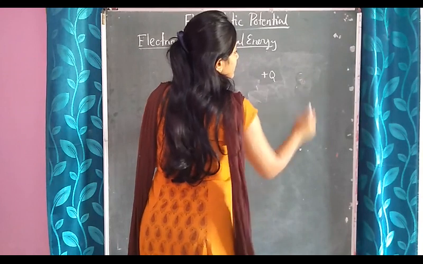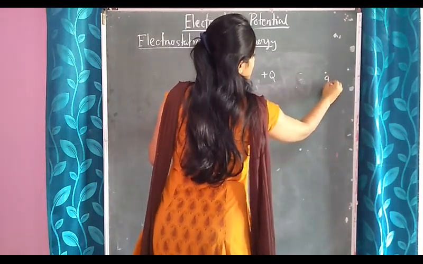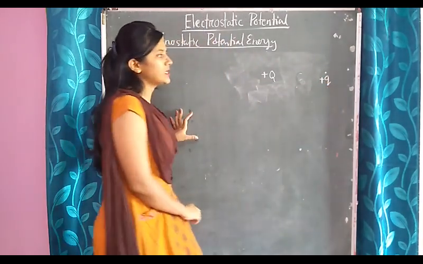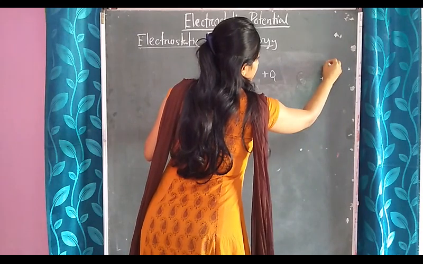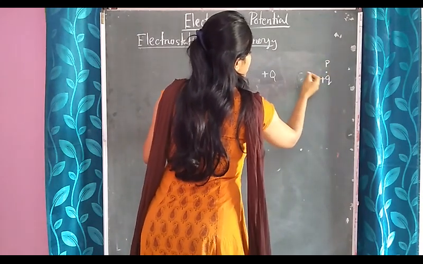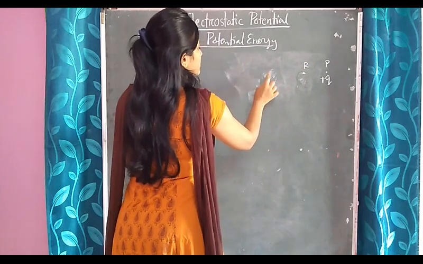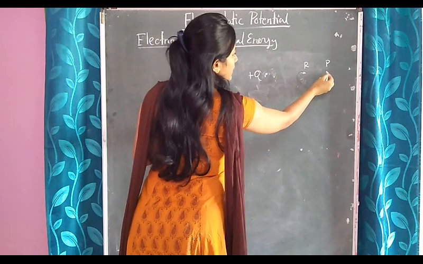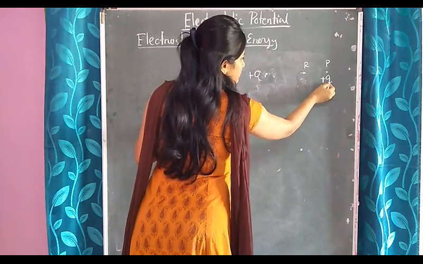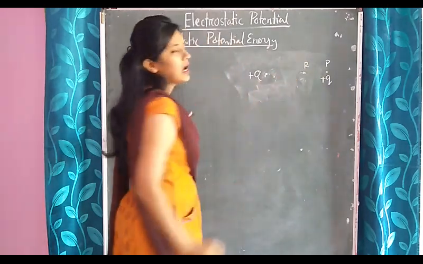So let us bring a charged particle, plus q, from point P to point R. The charged particle Q is placed here and we are bringing a positive charge from point P to point R.